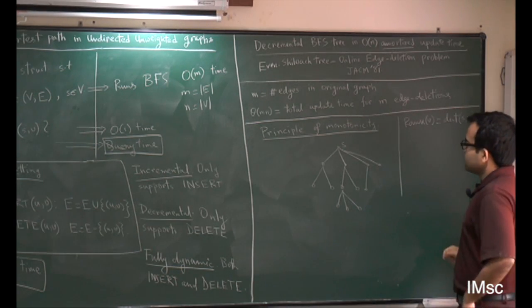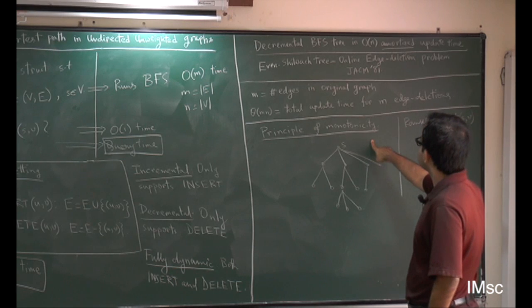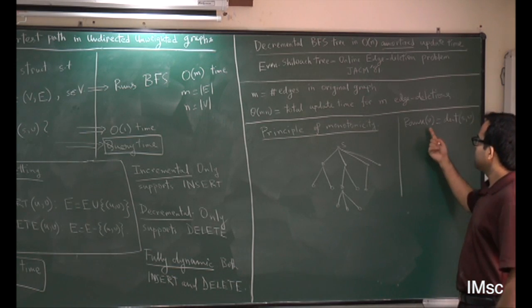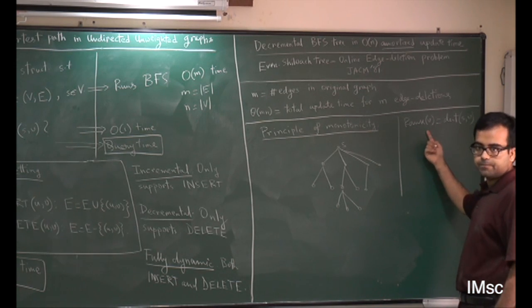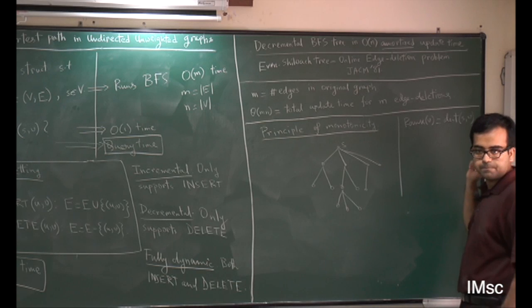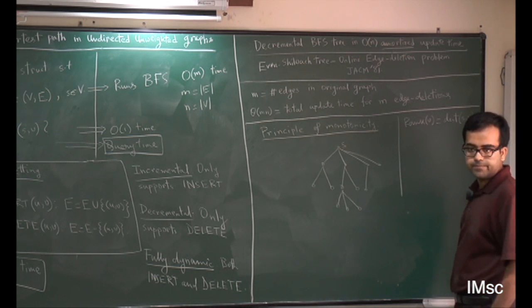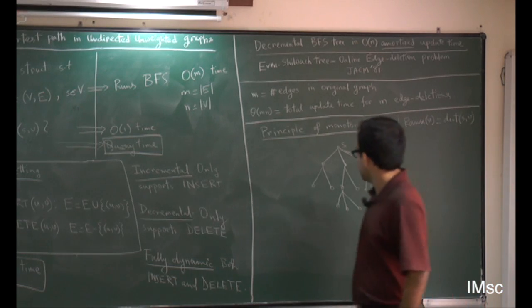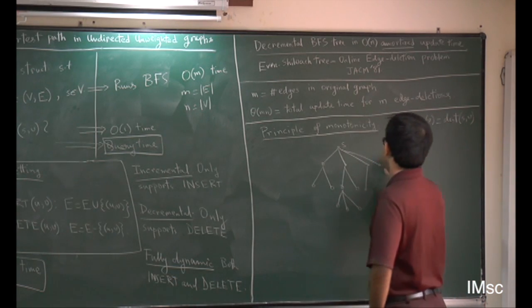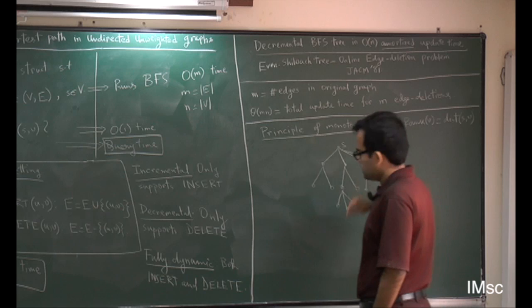Okay. So to maintain this BFS tree, we will first assign a rank to each node. This is just the distance from the source, and as you can see the rank will also denote the level of that node in this tree. So this guy has rank 0, its children have rank 1, and so on.